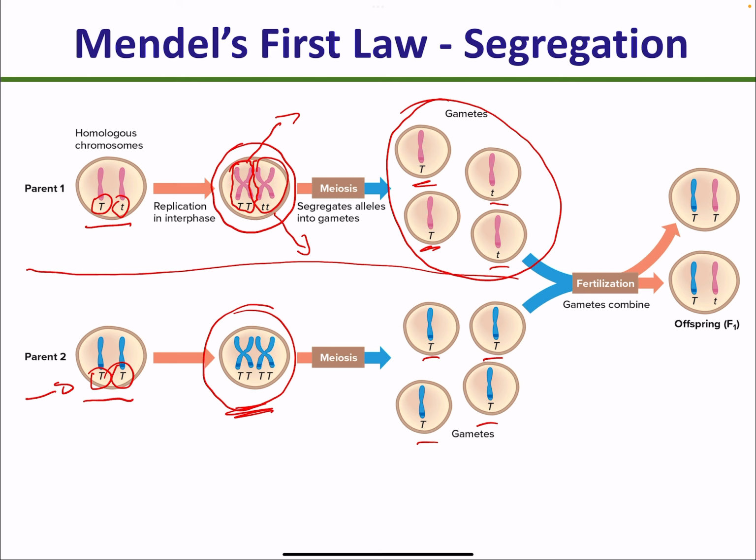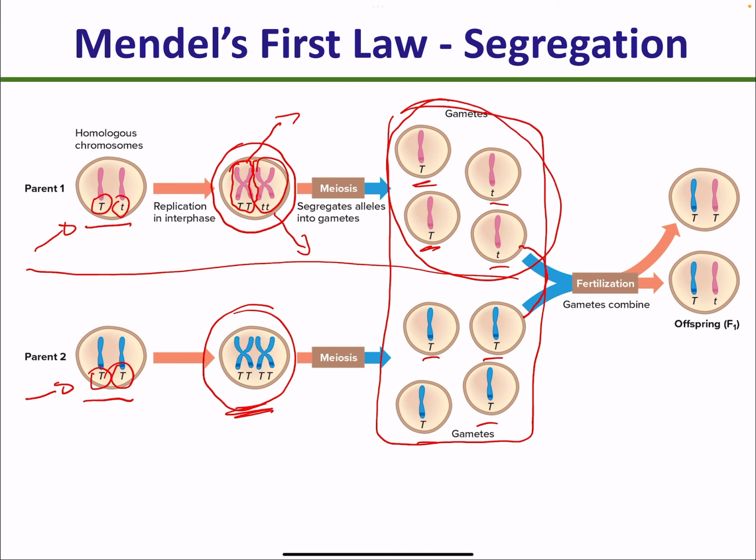Only one type of gamete is produced, while a parent that is heterozygous produces 2 types of gametes.